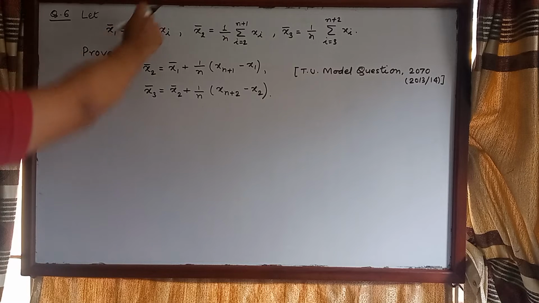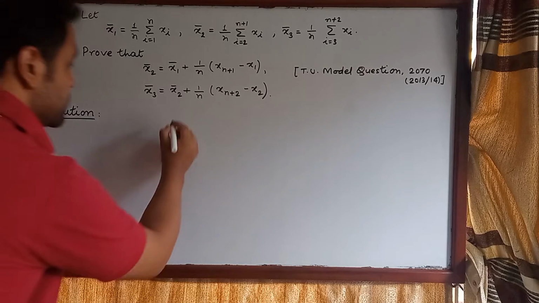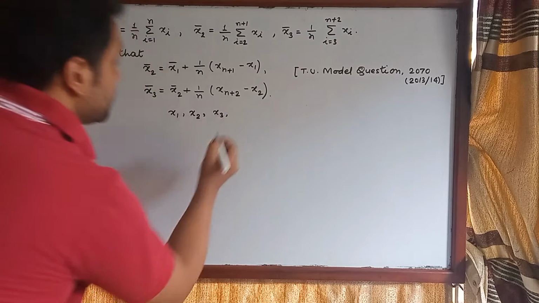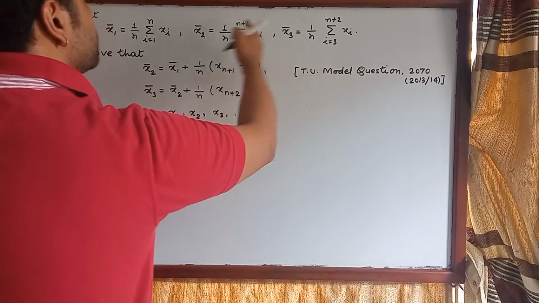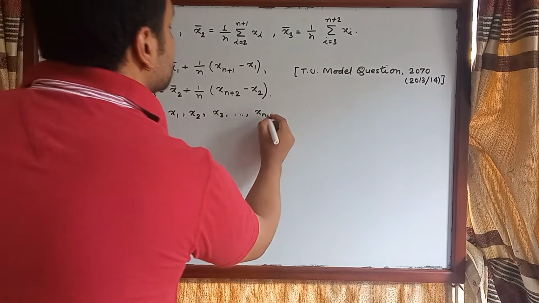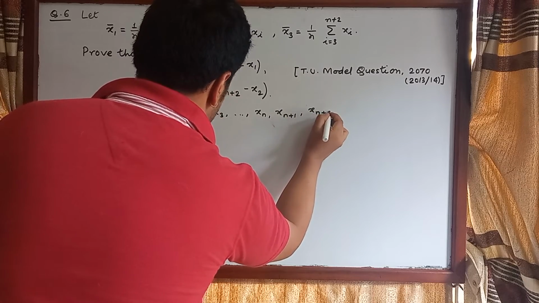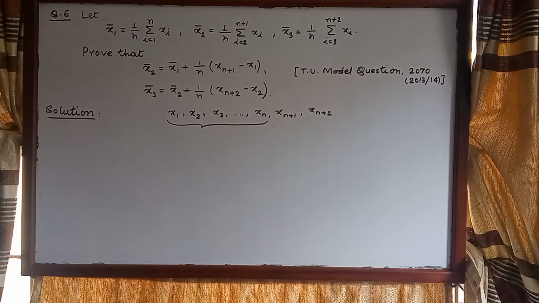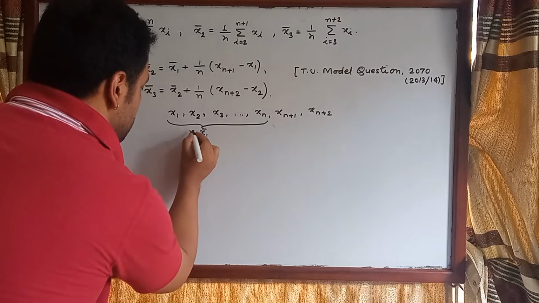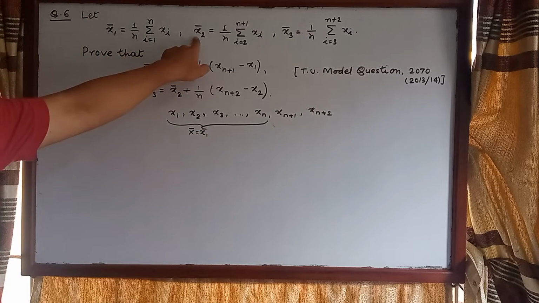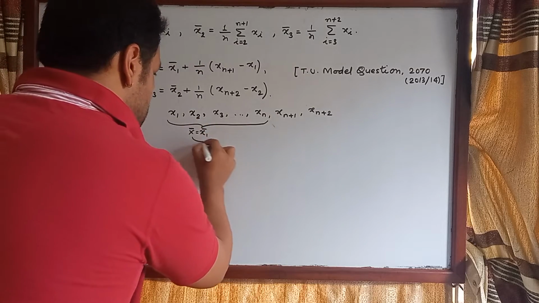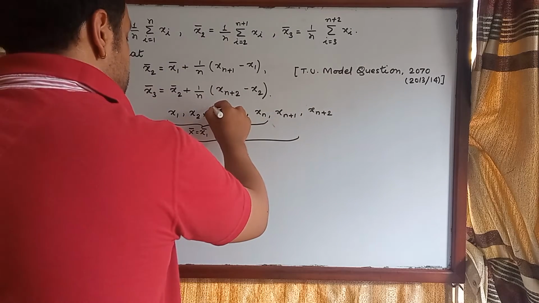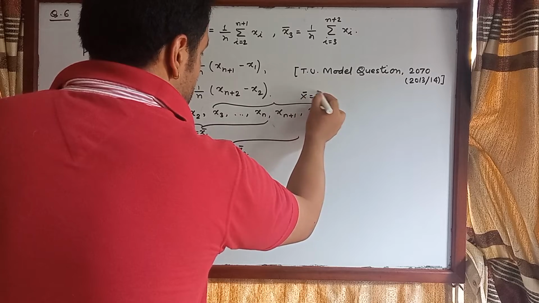What we are given is n is a positive integer, and we're given observations x1, x2, all the way up to x(n+2). Here x1 bar gives the mean of the observations x1 to xn, x2 bar gives the mean of the observations x2 to x(n+1), and x3 bar gives the mean of the observations x3 to x(n+2).